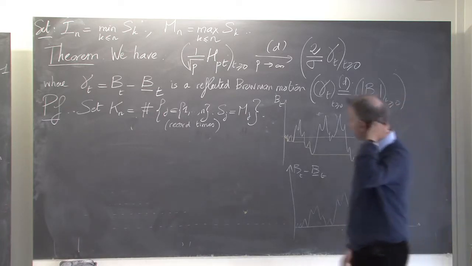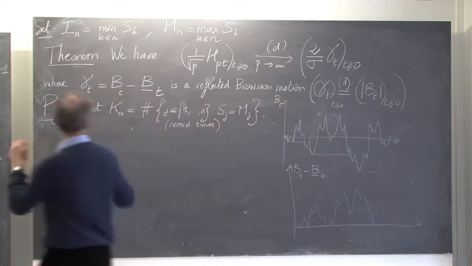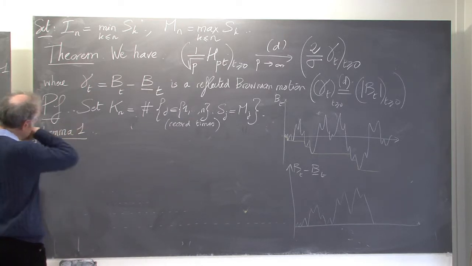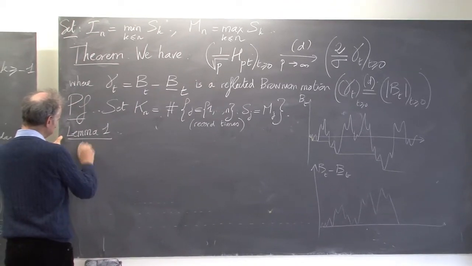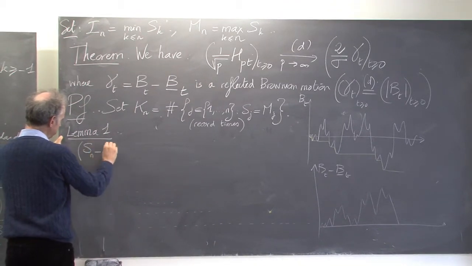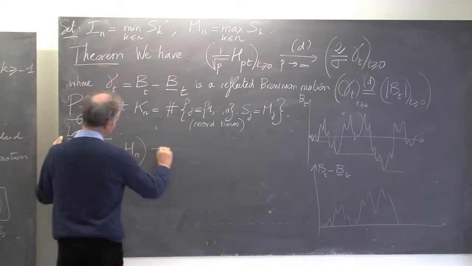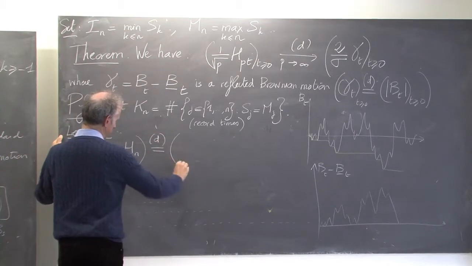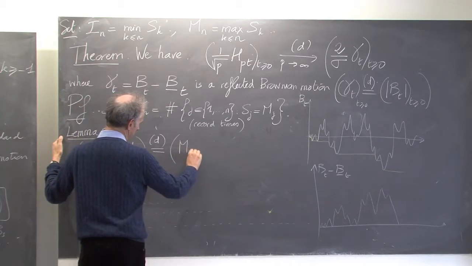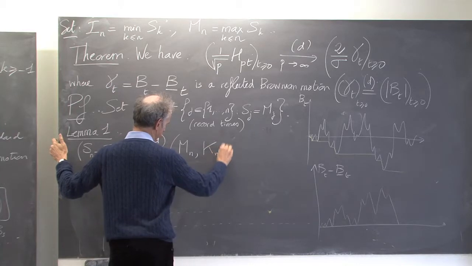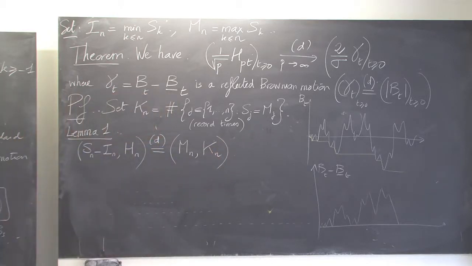Now I will use a lemma, which tells you that if you look at the pair (S_n minus I_n, H_n), this has the same distribution as (M_n, K_n).